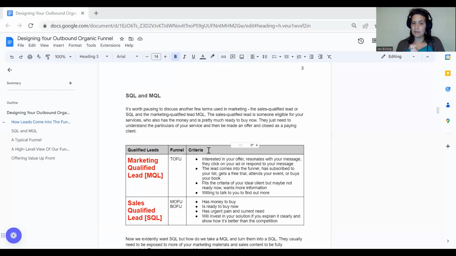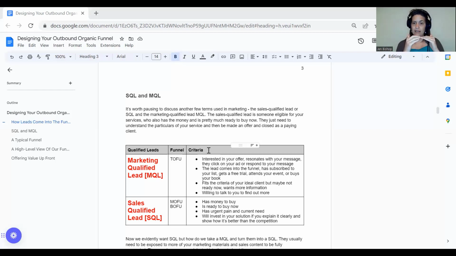They also have the money and they're ready to buy now. So as you can see, a sales qualified lead will be further down the funnel and they'll be hotter than a marketing qualified lead. Usually a sales qualified lead just needs to understand a few things, maybe a few particulars about your service. They probably just need to be explained your offer and then they can be closed. It can be as simple as that.